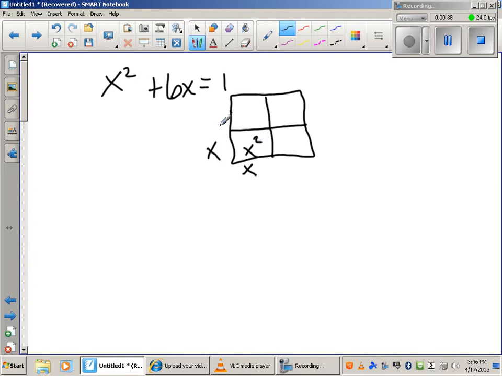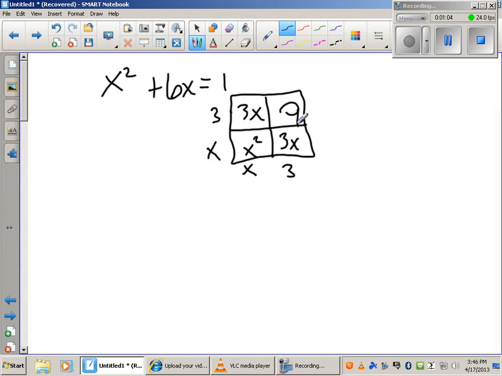And then we want to find what goes here, and that will be our b term, which is 6 divided by 2. So 6 divided by 2 is 3 and 3, and we're left with 3x and a 3x. And then in this box it's 3 times 3, which is 9.